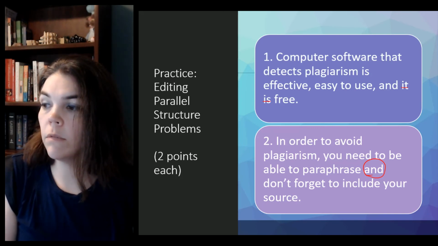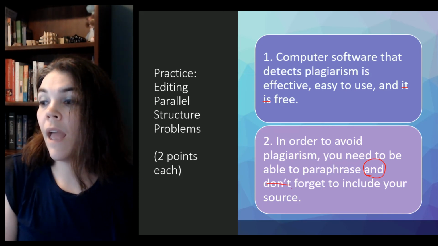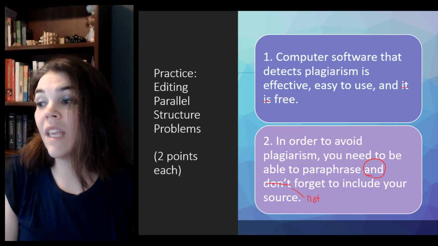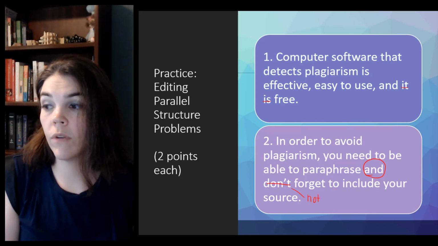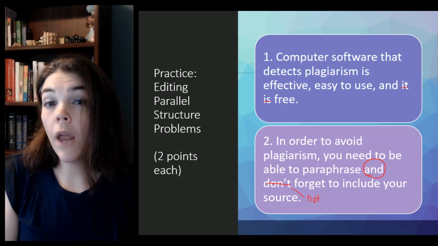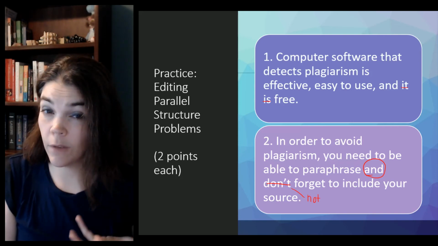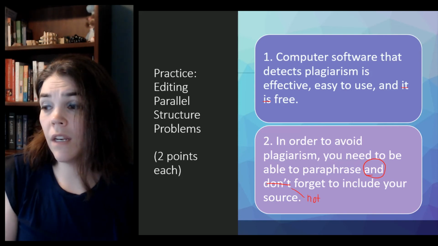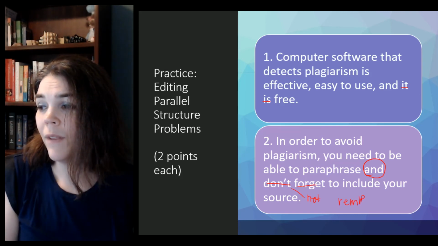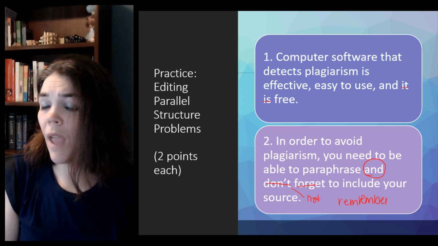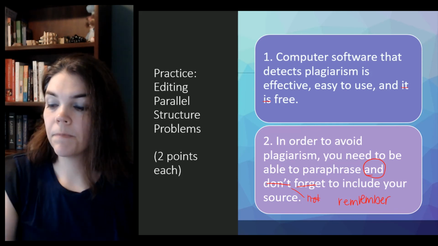You need to be able to paraphrase and not forget to include your sources. Another way I think that is a little more elegant, maybe not say not forget and just say remember. Right? I think that's a lot more elegant.